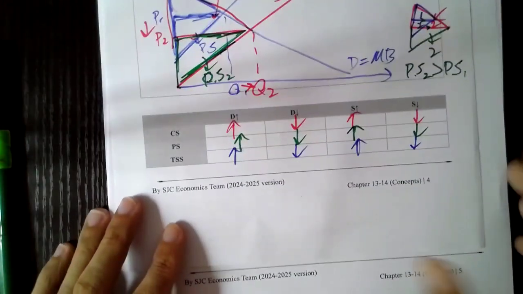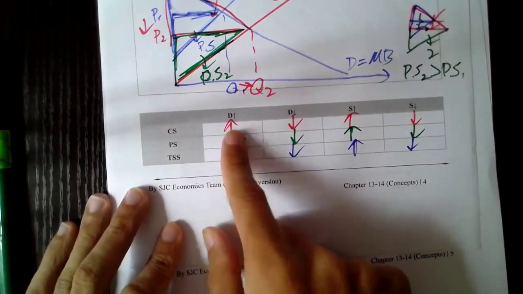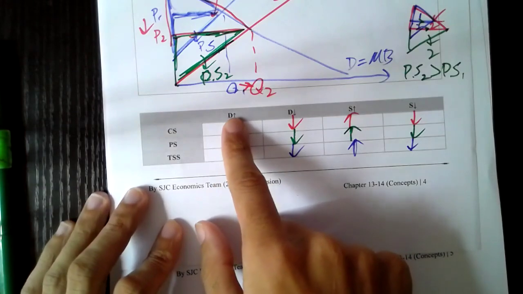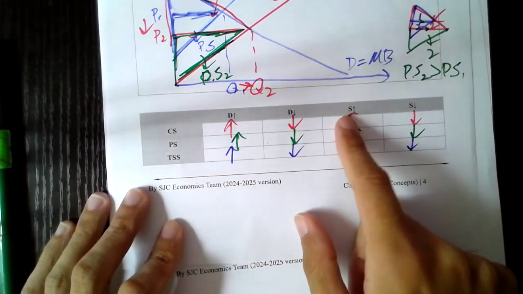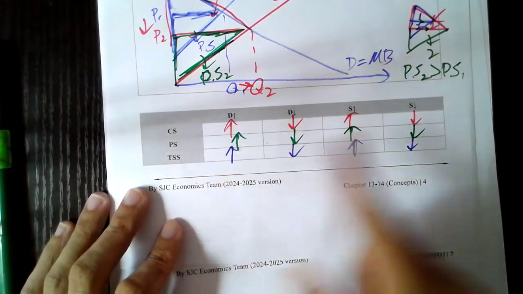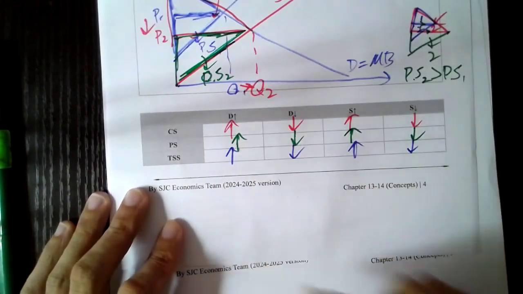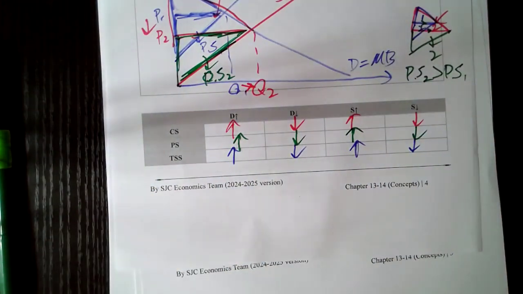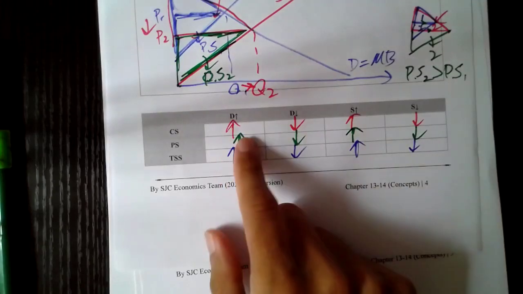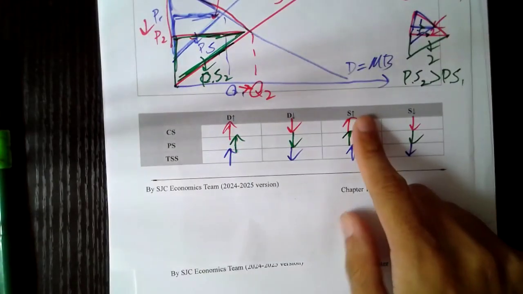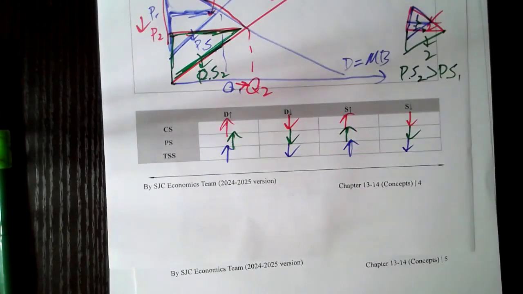So boys, it is actually very easy to remember because when demand increases or supply increases, all of them go up. 係咪好易嘅？完全冇任何 complication 㗎。It just goes up. When demand goes up, it just goes up. Everything. When supply goes up, everything goes up.